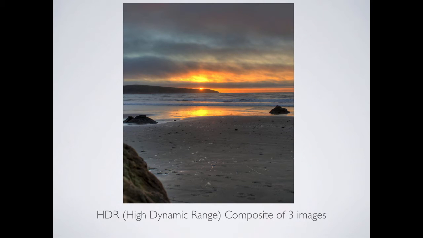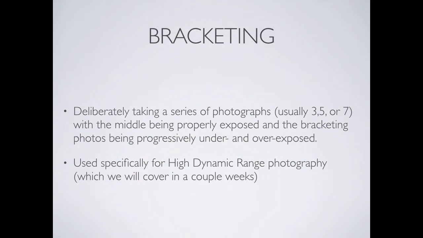Did I talk about high dynamic range yet? Bracketing. I skipped a slide. Sorry. Okay, so bracketing is something that a lot of digital cameras make it easy to do. We take a series of images, maybe 3, 5, or 7 images, where the center image is exposed to what the camera thinks is, quote, correct.